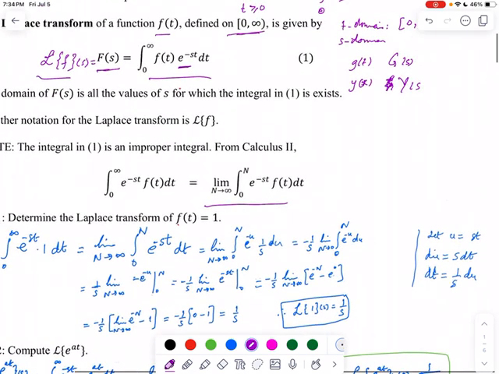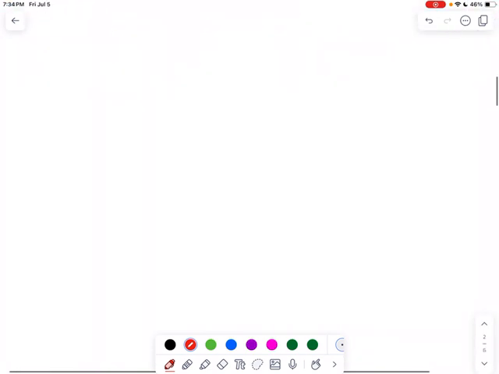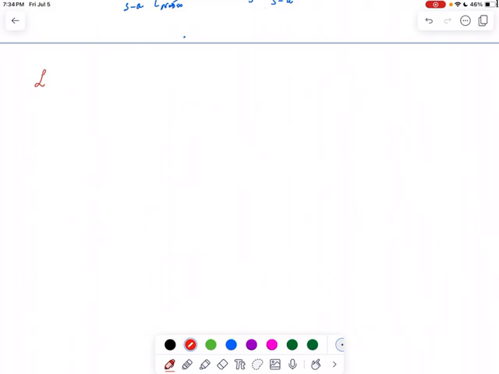So let's look at some examples. The first example is to determine the Laplace transform of f of t equal to 1. I have done it here for you, but I am going to show you quickly. We want to find L of 1, which means our function f of t is 1 and we want to find F of s.